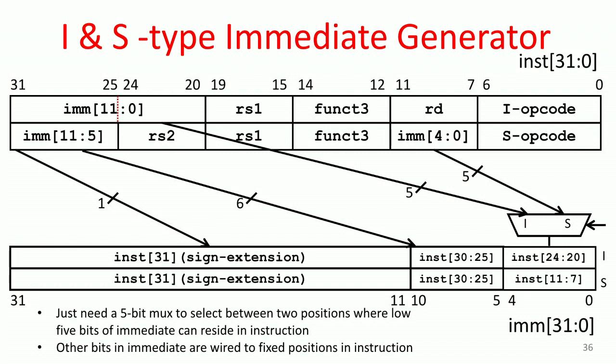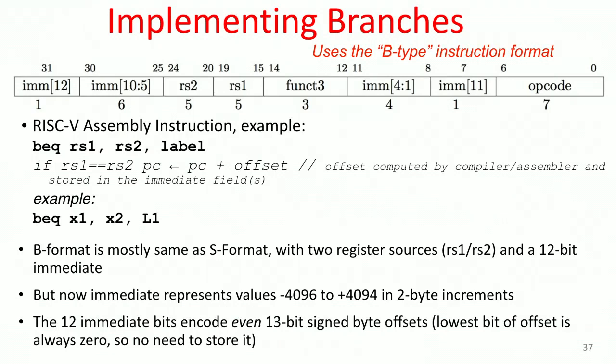Okay, the second to the last major class of instructions are the branch instructions. These use the B-type instruction, whose format is shown here, and it has an even more complicated way of storing immediates. You can see the immediate gets split up into 4 different pieces, and the hardware has to combine those together.